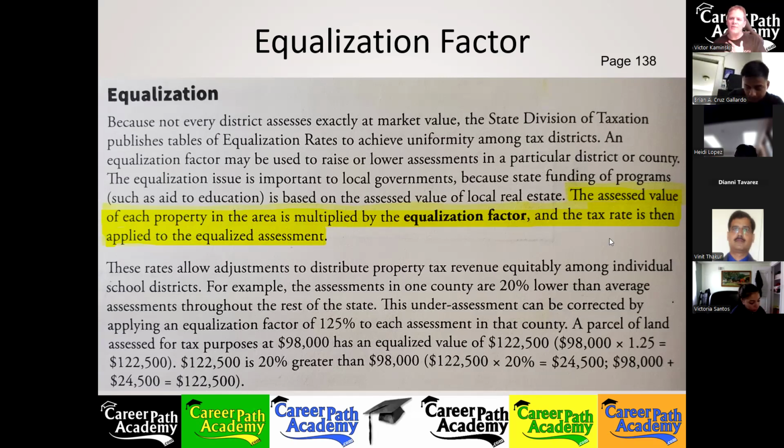Anytime we have a math problem that we need to calculate the taxes on, if the problem mentions an equalization factor, you have to calculate that number first before you calculate the tax. Okay? So the assessed value of each property in an area is multiplied by this equalization factor, and then the tax rate is applied to that equalized assessment value.